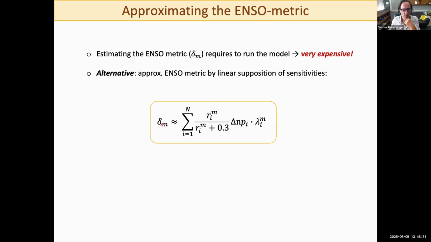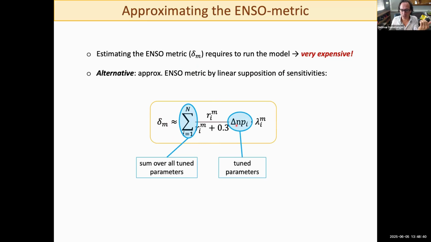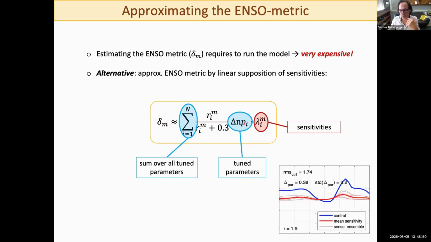We estimate the ENSO matrix by this linear superposition. So we make a linear superposition of all these tuned parameters. Here are the parameters that we have changed. And if we change a parameter, assuming they have a sensitivity, they would then change the ENSO matrix. So basically we have here a sensitivity, which is the red curve.